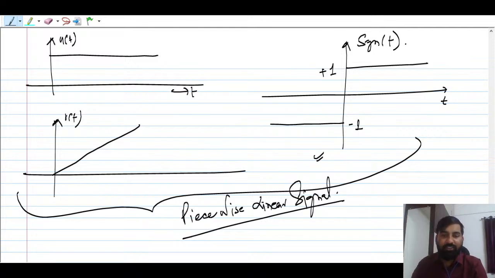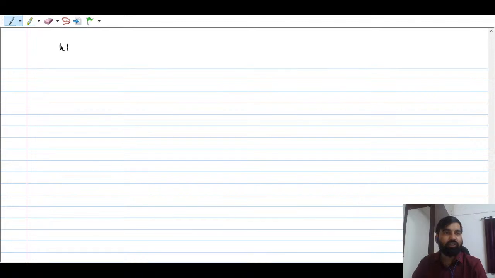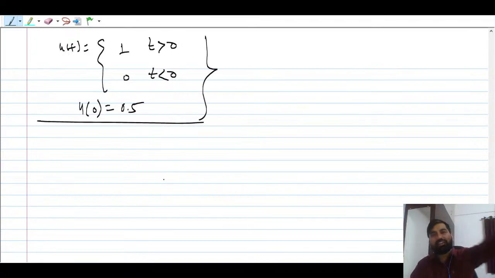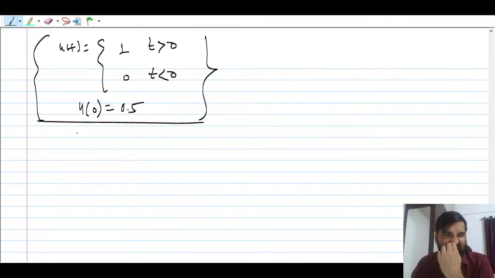In general, as we define, u of t is for t greater than 0 it is 1, for t less than 0 it is 0 strictly, and with Heaviside we can say it is 0.5 at t equal to 0. Mathematically it is discontinuous at t equal to 0, but in signals and systems, Heaviside suggested that you can take u of 0 equal to 0.5, the average value.